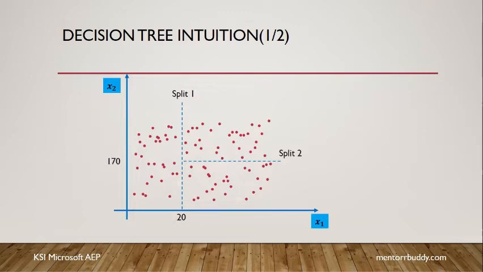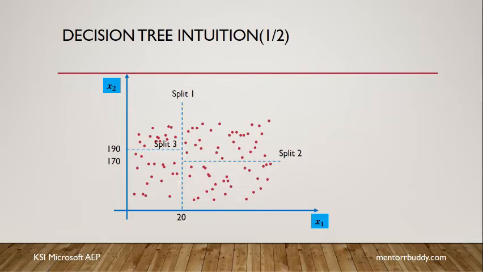The second split, let's say I did with the help of the x2 attribute, where the values are less than 170 and greater than 170. Now here we can stop, but we still make a few more splits to make it easier to predict the output.